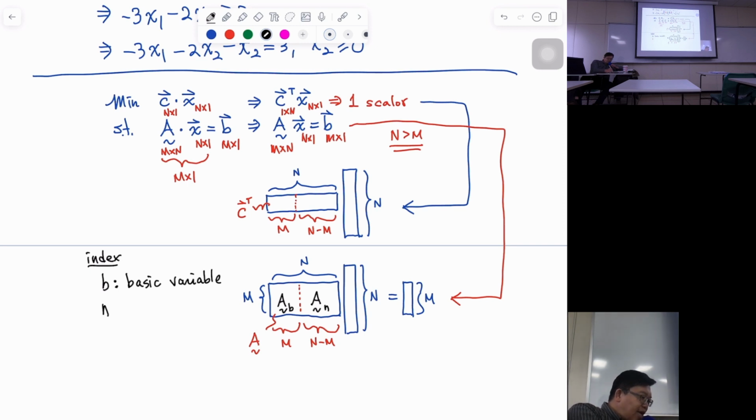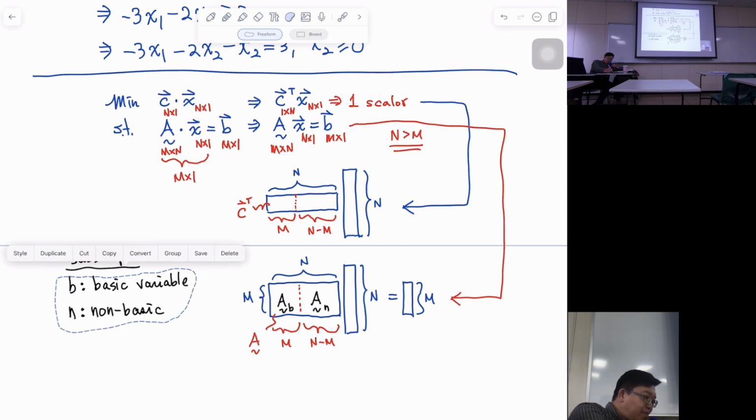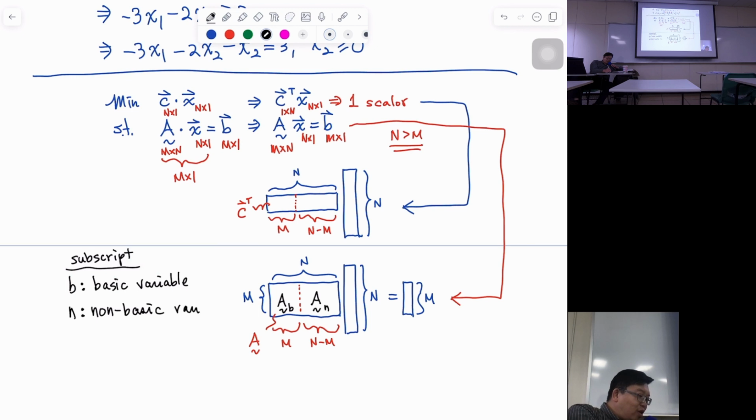And n is not an index, it's actually a subscript, not an index, because index represents numbers. So n is gonna represent the so-called non-basic variable. So there are going to be basic ones and non-basic ones. And of course, you have no idea what this is for, so I will tell you what this is for later on.